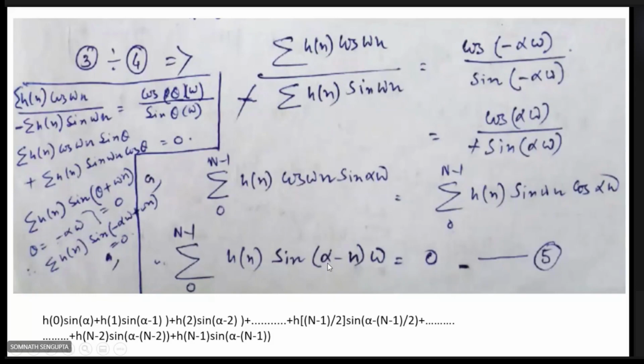Consider the sine terms: sine alpha, then sine of (alpha minus 1) into omega, sine of (alpha minus 2) into omega, and at the same time the impulse response is h0, h1, h2, and it goes up to h[N minus 1], and the sine term also goes from 0 to alpha minus (N minus 1).